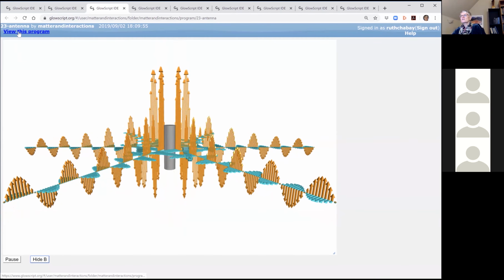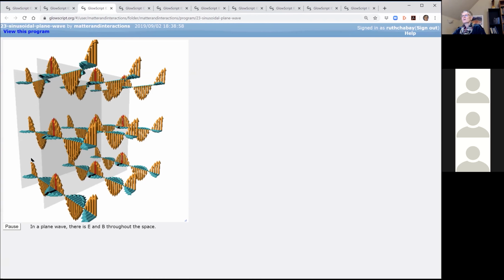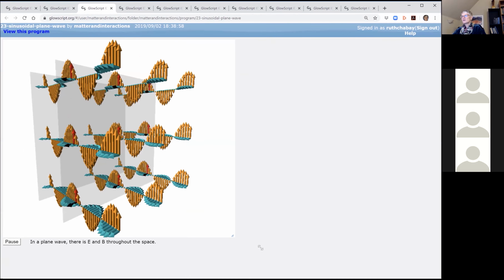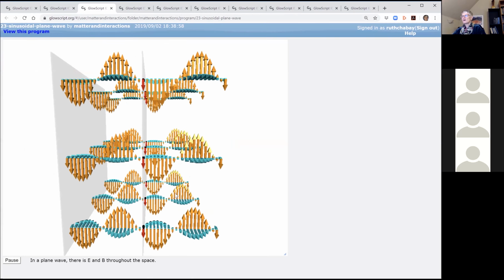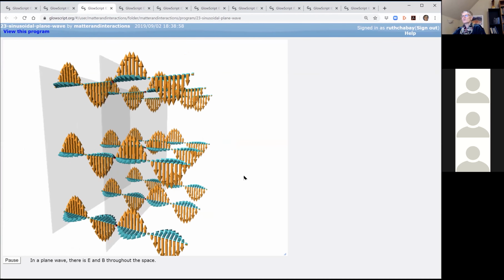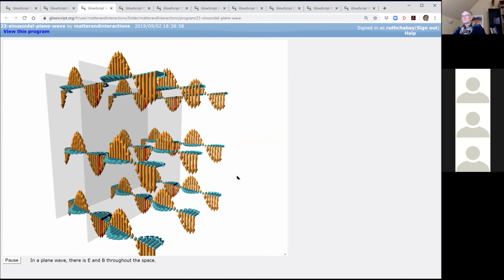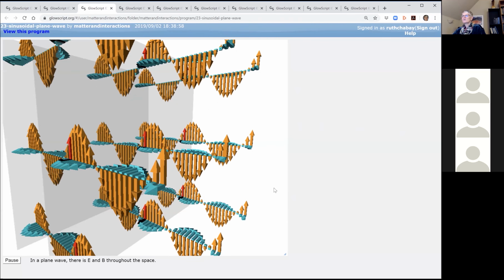Okay, so let's look at a slightly simpler looking example here. So here's a sinusoidal wave traveling just in one direction from several sources. Let's zoom in a little bit.